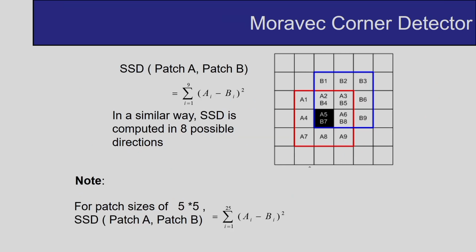I am considering patch A and patch B, and I am determining the SSD, the sum square distance. You can see 8 possible directions I am considering here, and I am determining the SSD between patch A and patch B. If I consider the patch size 5 by 5, then the SSD between patch A and patch B I can determine like this.